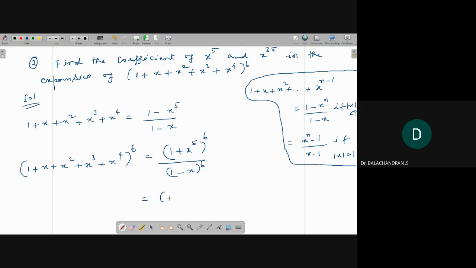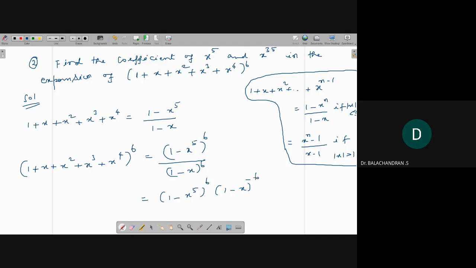Or you can write this as 1 minus x power 5 whole power 6 into 1 minus x whole power minus 6.